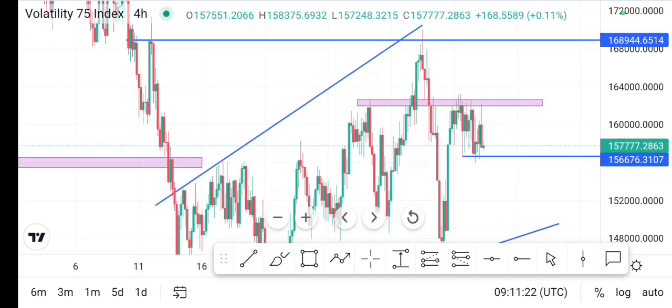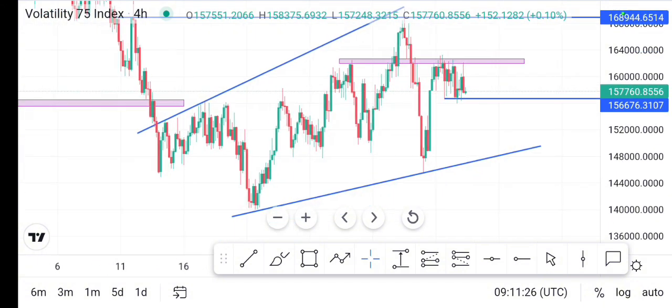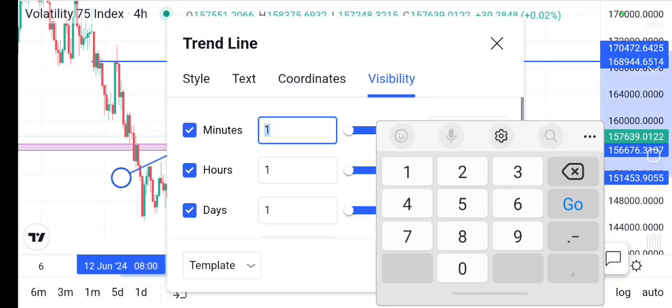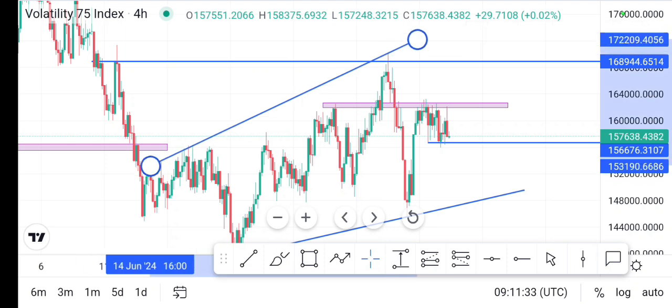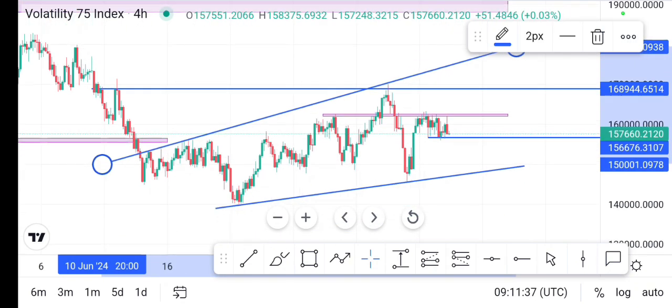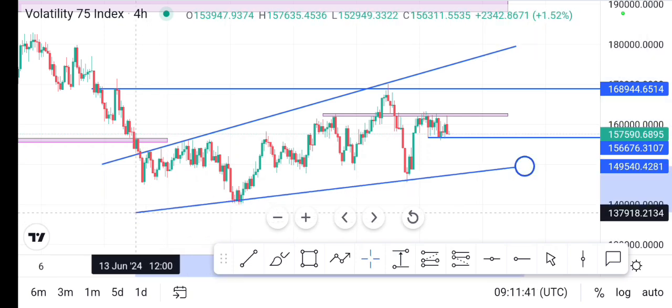So we can see that we have an ascending channel. This is the channel we have right now here.